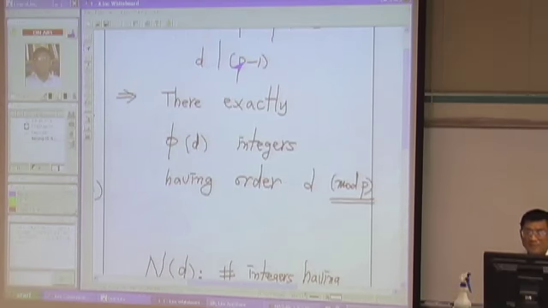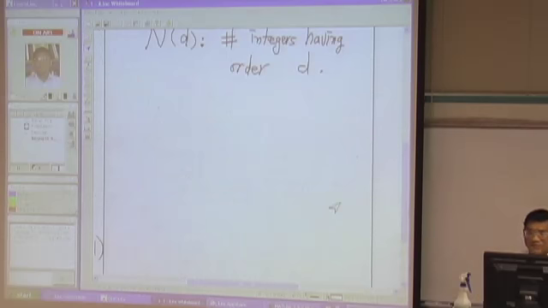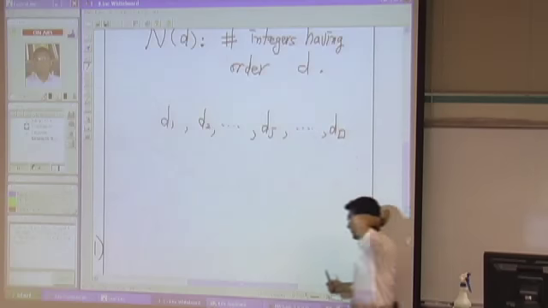So, for instance, d1 divides p minus 1, d2 divides p minus 1, and then dj divides p minus 1, and so on, up to some dk that divides p minus 1. So all these are divisors of p minus 1.